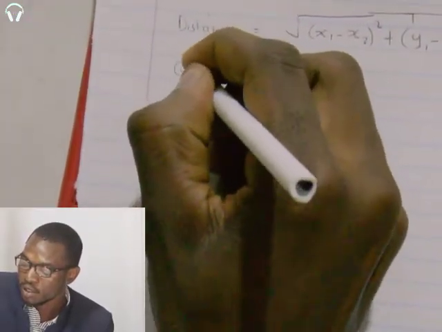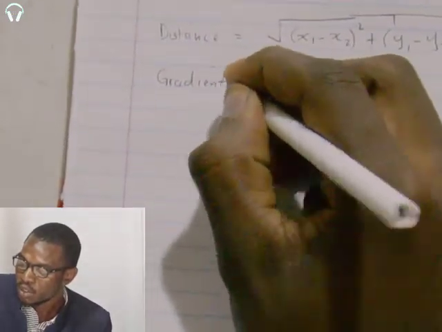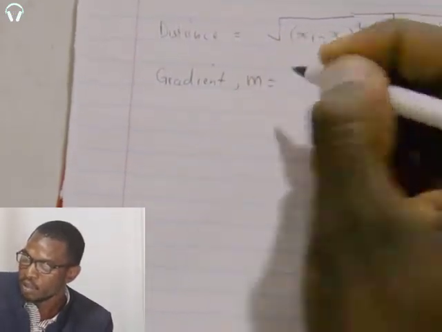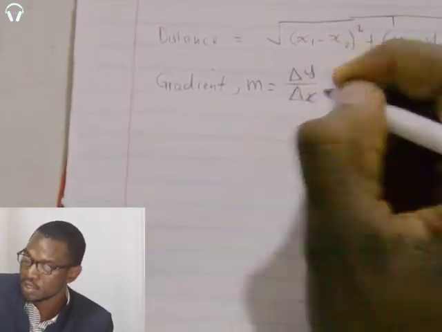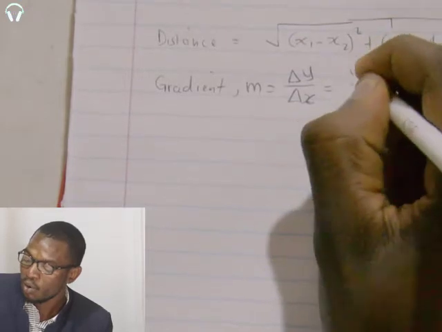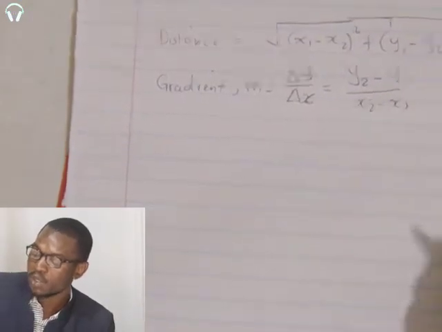You should also know the gradient formula, which is referred to as m. It's the change in y over the change in x, or y2 minus y1 over x2 minus x1.